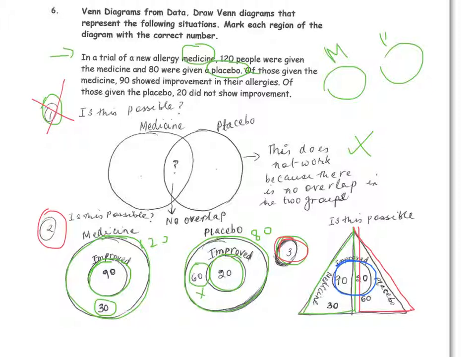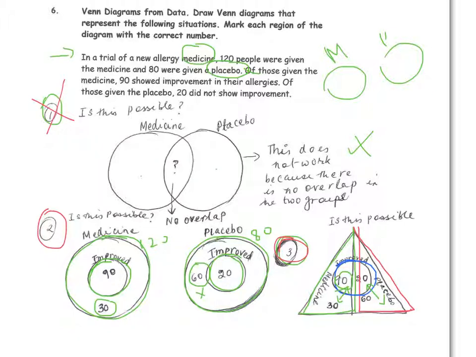So 90 out of the 120 showed improvement. The 20 out of the 80 showed improvement in the placebo group.